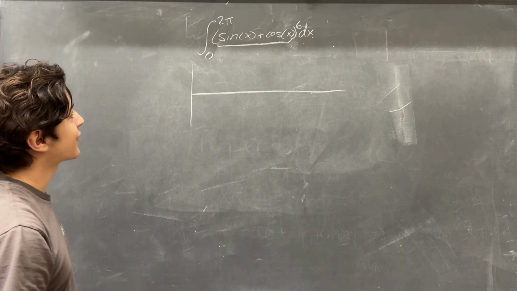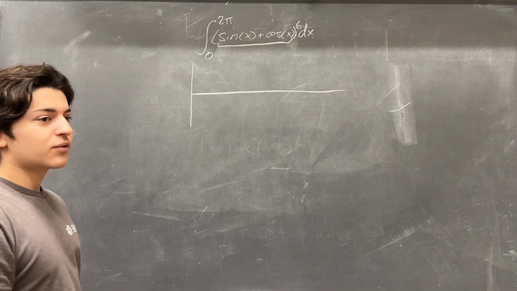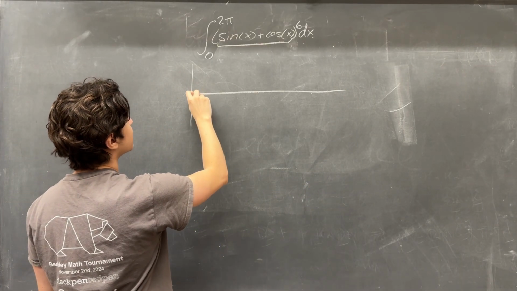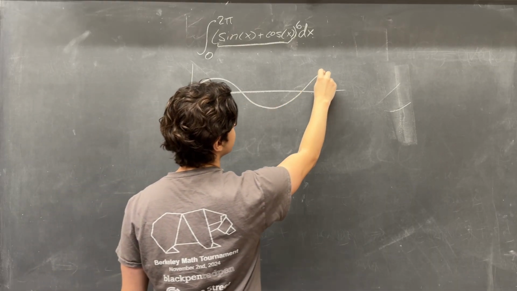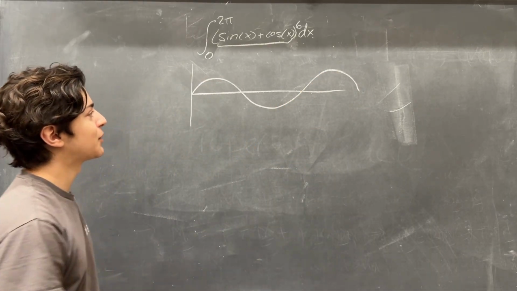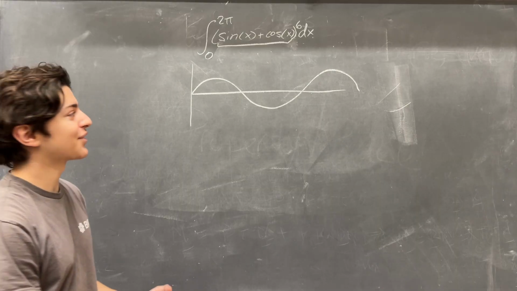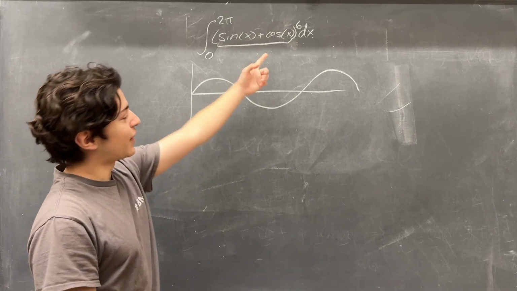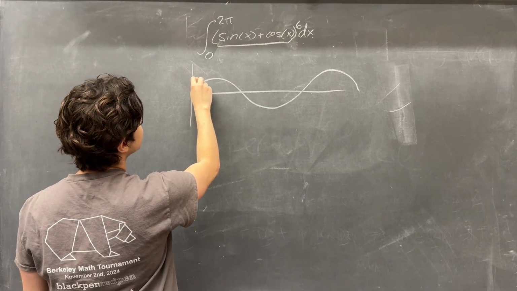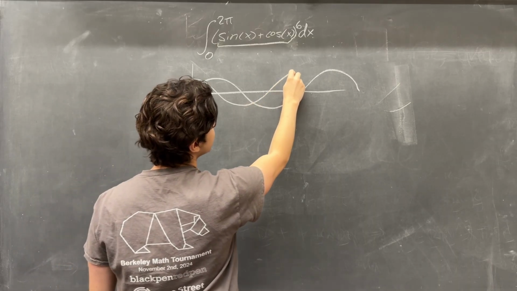So here I have some axes, and let's first graph sine of x. So sine of x looks something like this. It's not the most perfect graph, but hopefully it'll get the job done. And then we can graph cosine of x, which will look something like this.